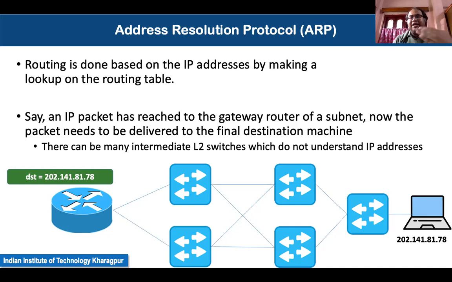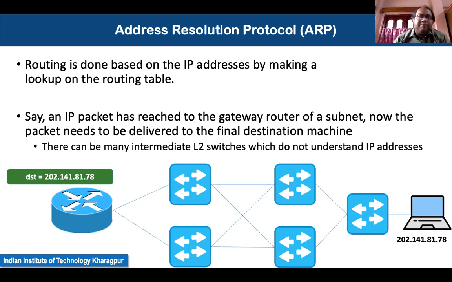But what happens at the packet level? We'll see both examples. We'll see the example when the packet has reached the last mile and you need to forward it to the destination. And at the same time, say the packet is somewhere in an intermediate router, and from there you have to forward the packet to the next hop.